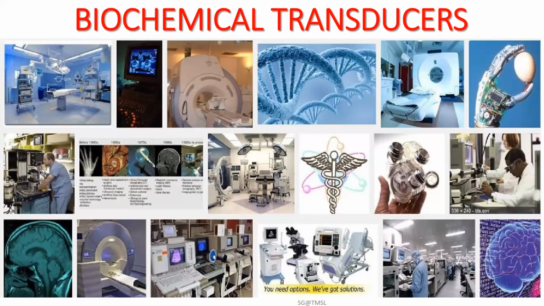Now the electrode which is sensitive to that substance or ion being measured is called the active electrode or indicator, and the second one, which is insensitive to that substance, is called the reference electrode.